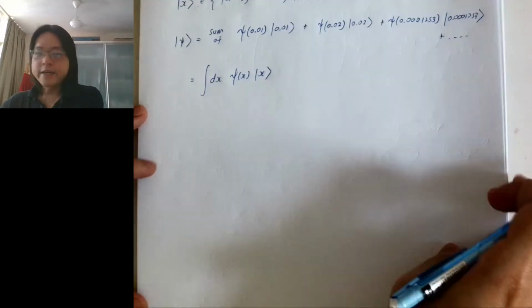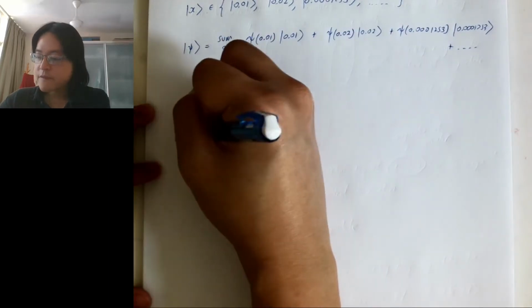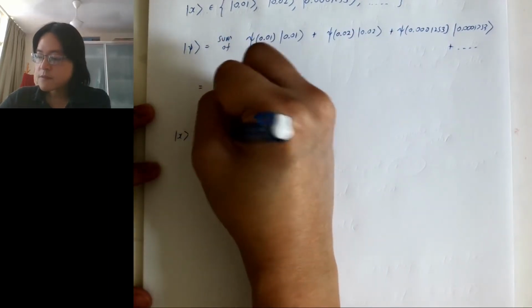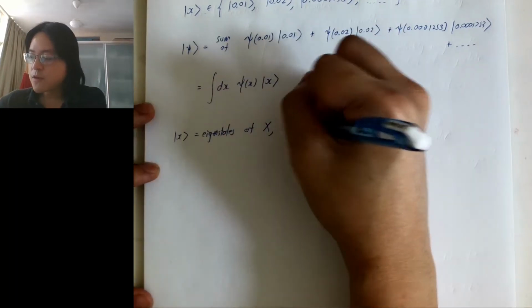Okay, in any case, these are eigenstates of x, so they should be orthogonal.